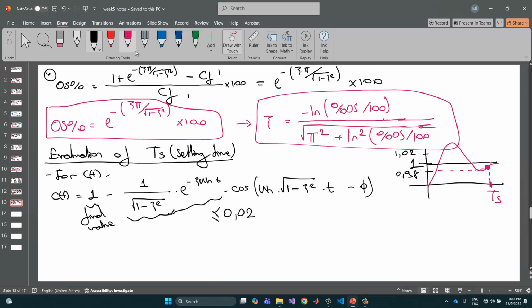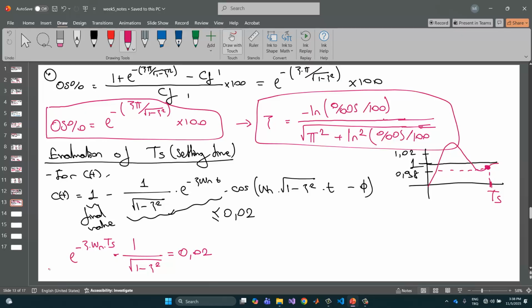If this is the case, we can write this one. This must be equal to e to the power of minus zeta wn t, over the square root of 1 minus zeta squared, which is equal to 0.02. If you solve this equation, this t is now ts, because t must be assigned to ts.